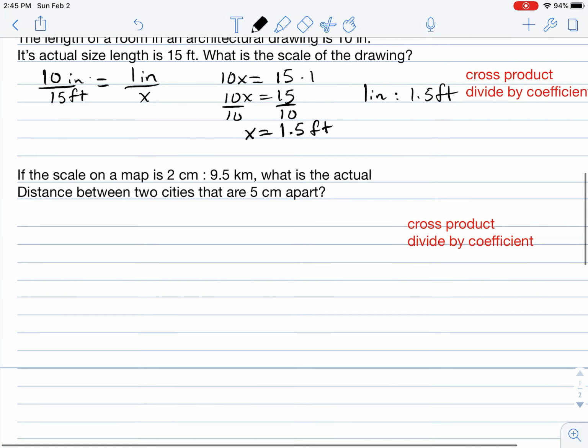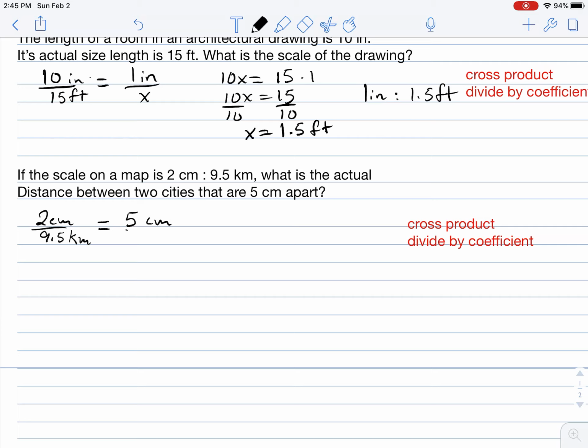Last one, just a story problem, thinking of maps. If a scale on a map is 2 centimeters is equivalent to 9.5 kilometers, what is the actual distance between two cities that are 5 centimeters apart? We can set up our proportional ratios. We know that it's 5 centimeters on the map.